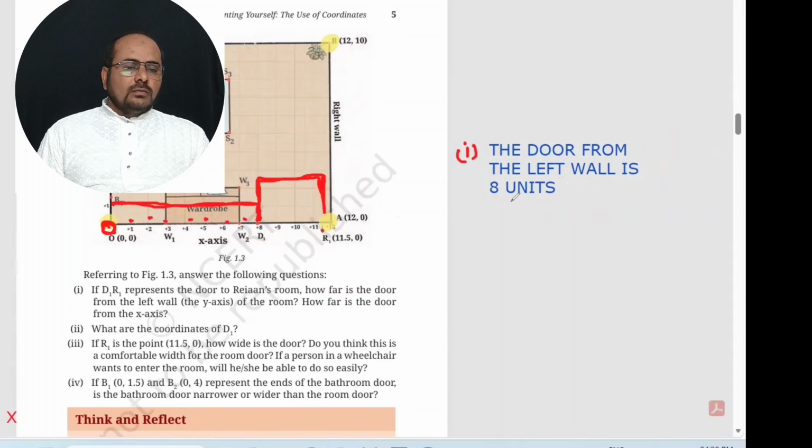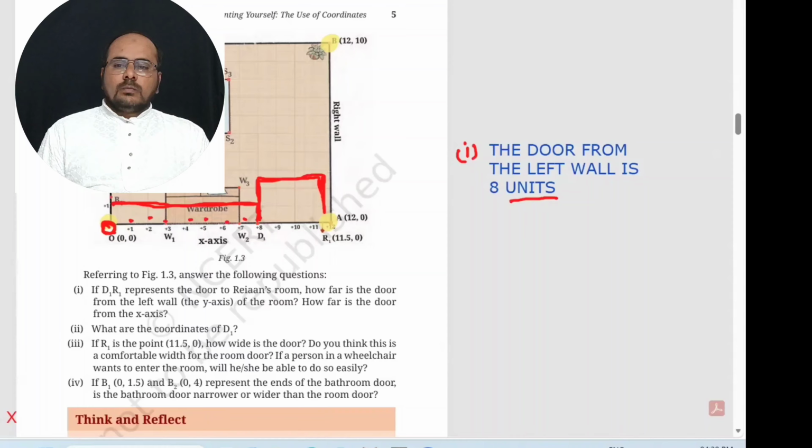Here units we have taken. Actually, if you come to the solution, here we have taken 8 units. It means generally for doors and windows or house construction, we used to take the units as feet. So the distance from the left wall to the door is 8 feet. Hope you understand. And still the solution is not completed for the first one.